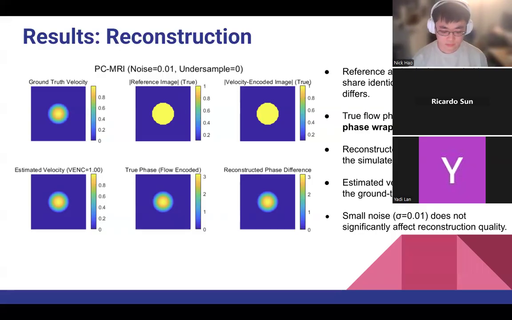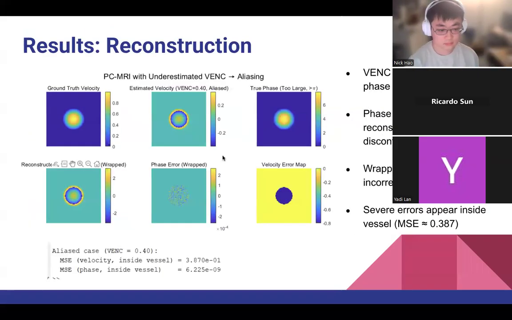Next slide, please. In contrast, when the VENC is set too low, the true flow induced phase exceeds pi. This causes phase wrapping in the reconstruction, producing discontinuities in the phase map. Because velocity estimation depends directly on this wrapped phase, the resulting velocity field becomes highly inaccurate.